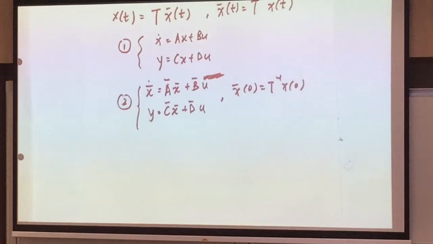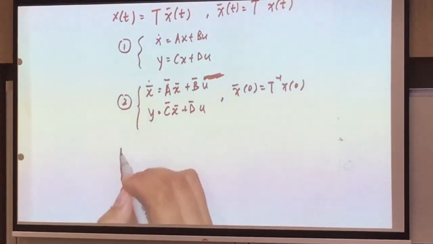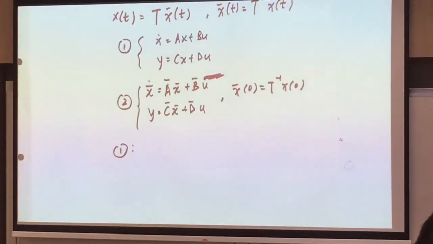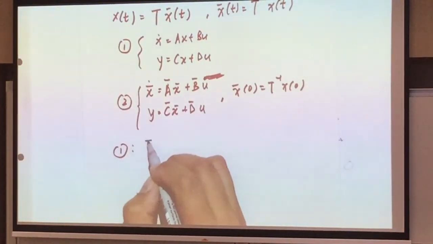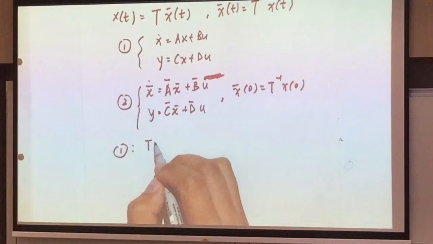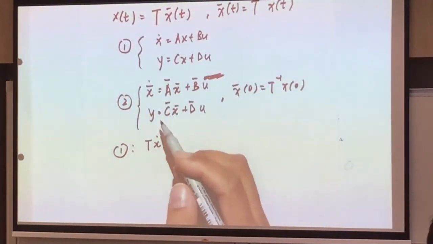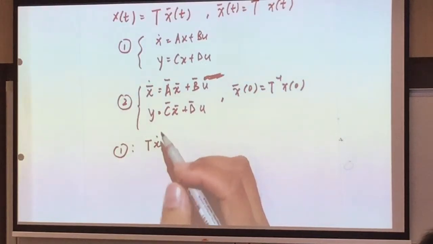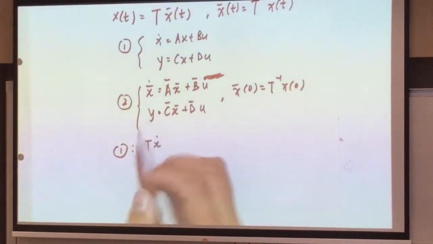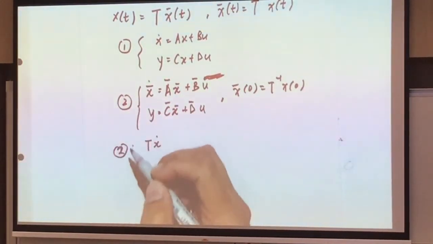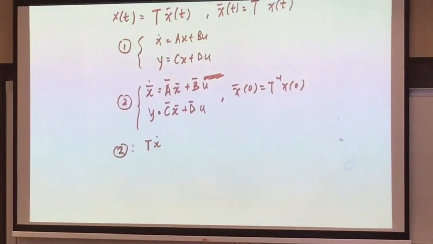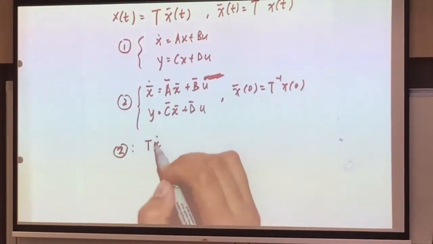From 2, you multiply T on the left and right hand side.